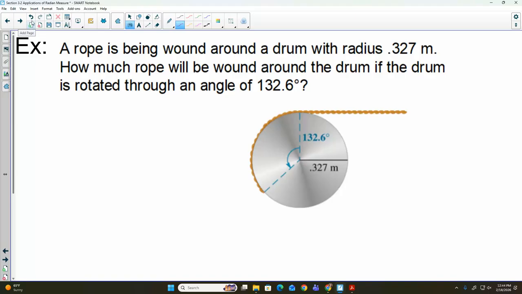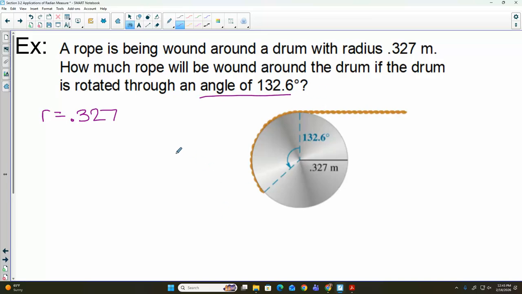Let's look at this one. A rope is being wound around a drum with a radius of 0.327 meters. So radius is R. I know my R. How much rope will be wound around the drum if the drum is rotated through an angle of 132.6 degrees?